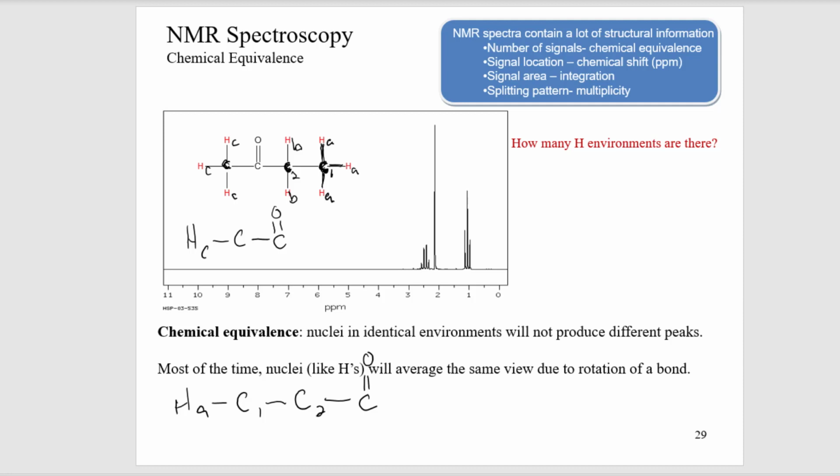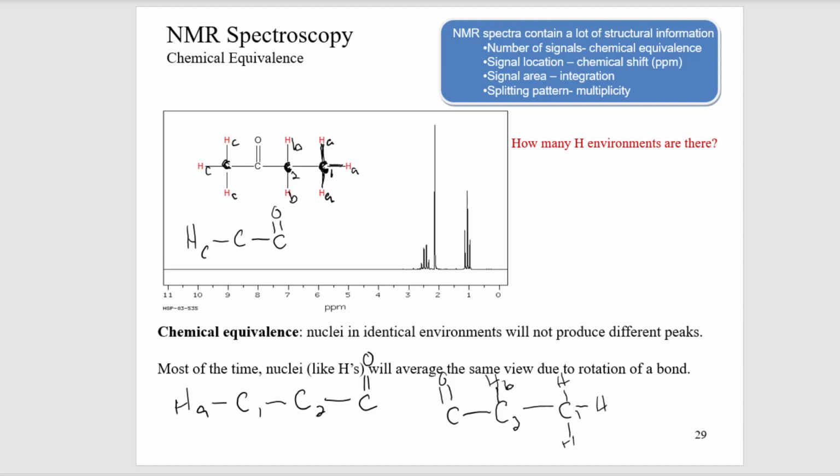Carbon 2 on one side is in a neighborhood that has three hydrogens, right? It's next to a carbon with three hydrogens, next to a carbonyl. So you ask yourself, are there any hydrogens like that living in that neighborhood? I like to think about it as the carbons are houses and the hydrogens are the people living in them.